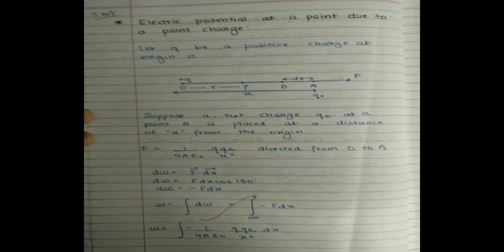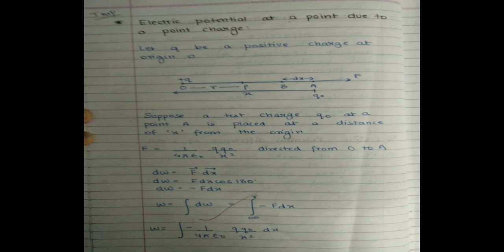Now we want to find the work done when the charge Q0 is brought from infinity to point P. So we have to integrate this small work done. So the total work done W is equal to the integration of dW, which is the integration from infinity to r of minus F dx.